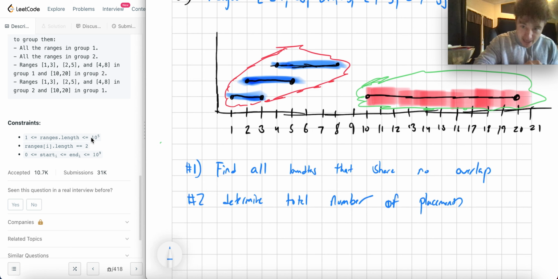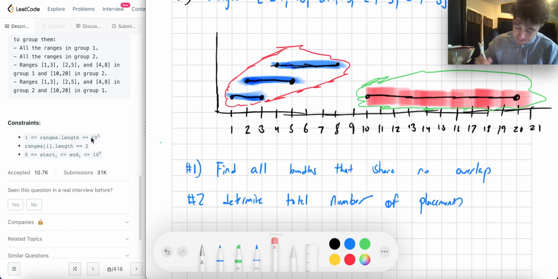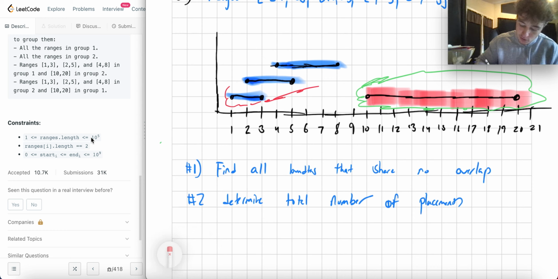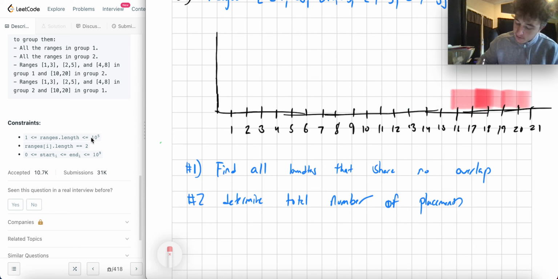But instead what we can do, like what we do with almost all of this class of problems where we have ranges, is essentially sorting. We almost always use sorting when we're dealing with this kind of problem. The way that we'll do it is think about bundles in terms of where they start and where they end.